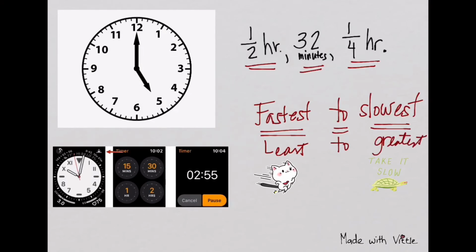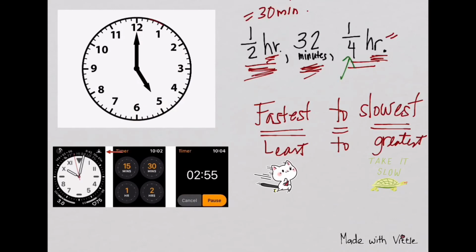Okay? So what we have to do with the number of hours here is convert it to minutes, since one of our numbers is in minutes. Let's look at the half an hour. So looking at this clock, if we cut this in half, you know this half is your 30 minutes. So half an hour is 30 minutes.